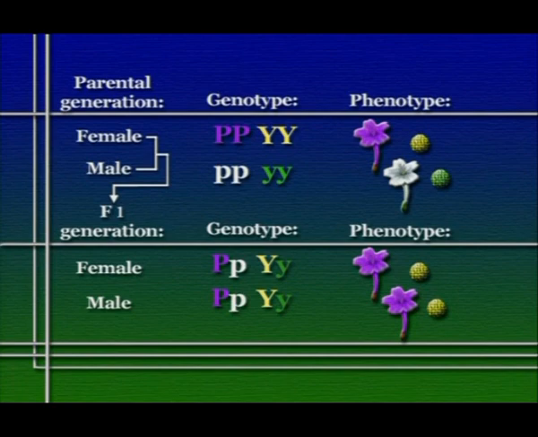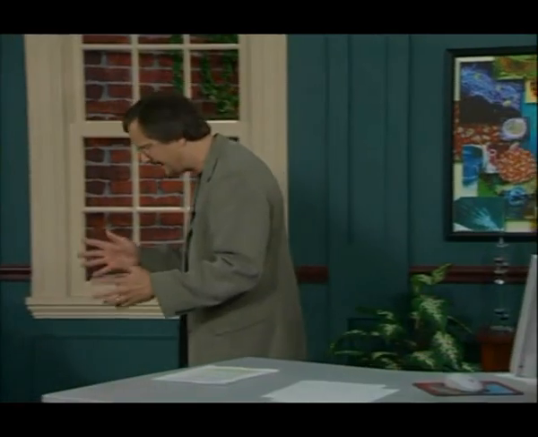We know that they received the allele for purple flower color and yellow seed color from one parent, the mother in this example, and they received the white flower color allele and green seed color allele from their father. So all of these F1 individuals, just as we saw in the monohybrid cross, are going to be heterozygous. In this case, heterozygous for both of the genes that we're interested in. And because we have a clear dominance of purple flower color and yellow seed color, we know that all of these heterozygous F1 individuals are going to be purple flowered, yellow seed colored phenotypes. Okay, so that seems to make sense based on what we know.